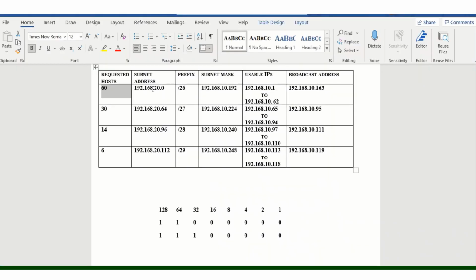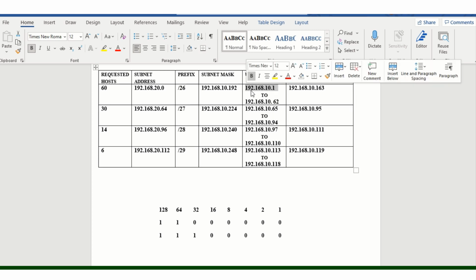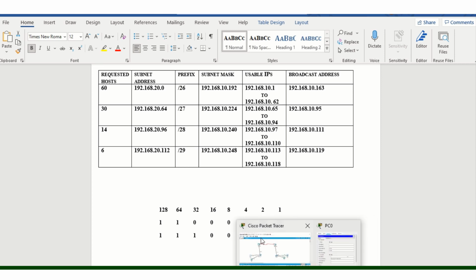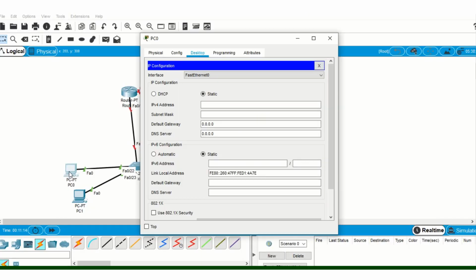This is the subnet, this is the first address. So the first address is used as the gateway address. Sorry, that's the gateway address. The second one will be the IP address.